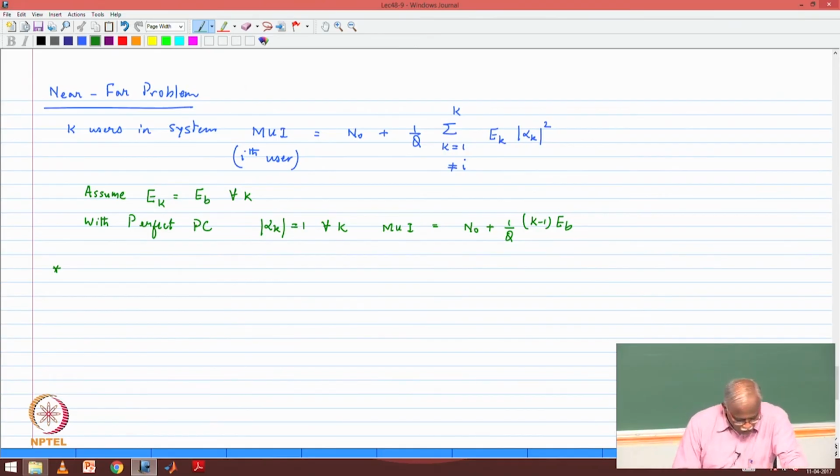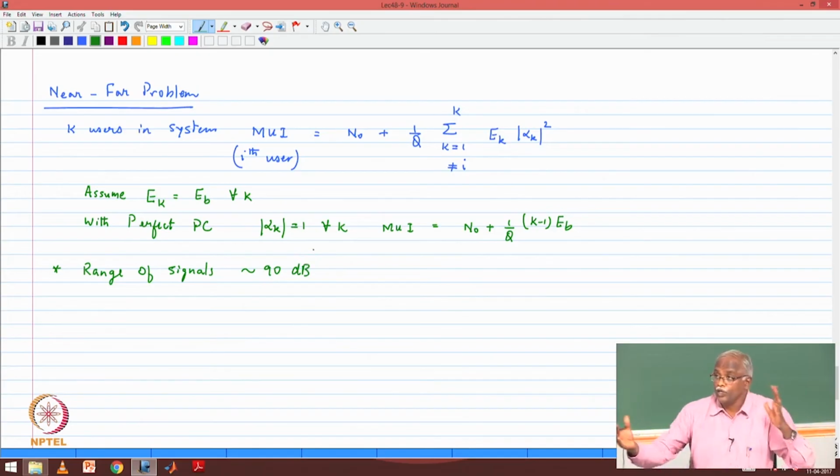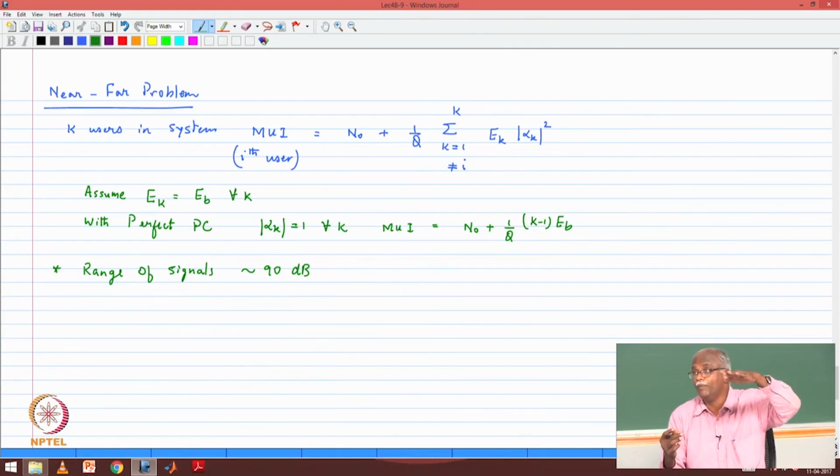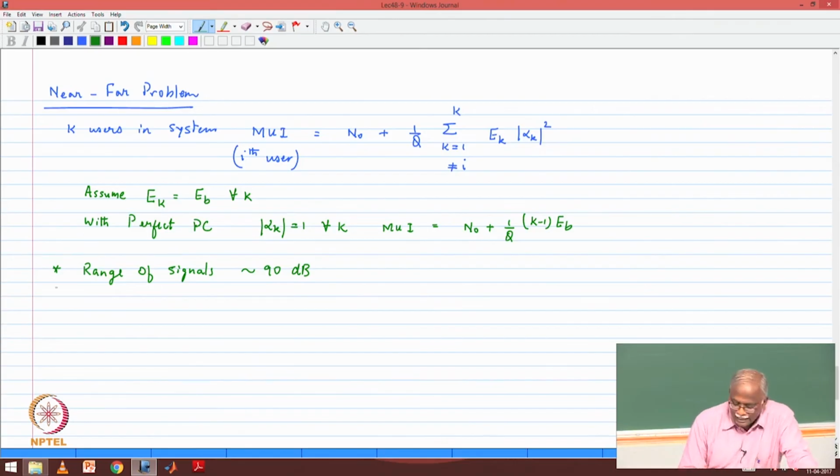So, the range of signals is approximately 90 dB. Your power control range is actually in a 90 dB range. You can ask somebody to go up by some amount or come down; the total dynamic range of your power control is very, very large.